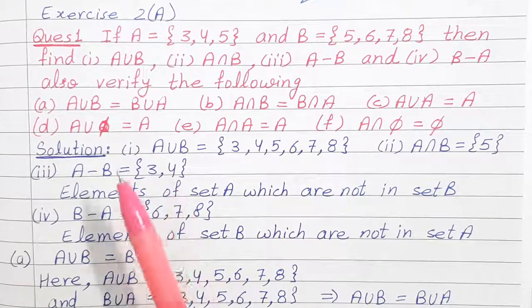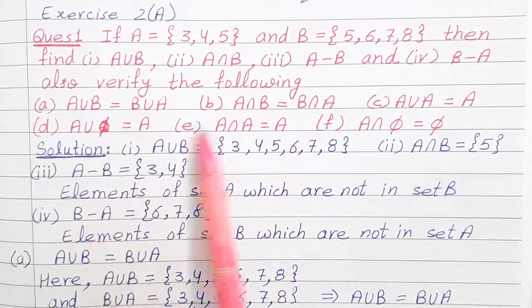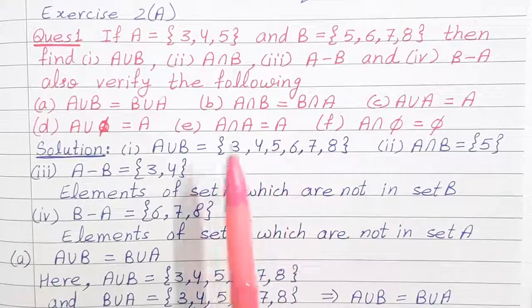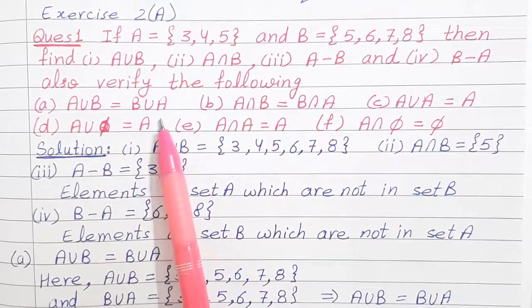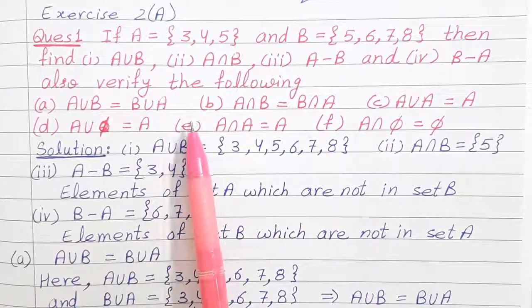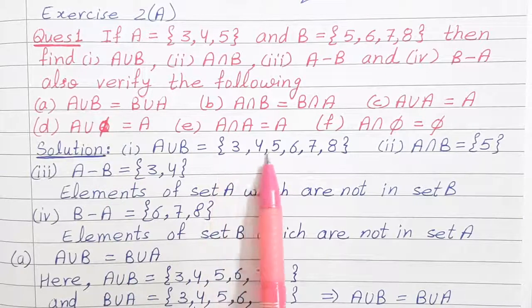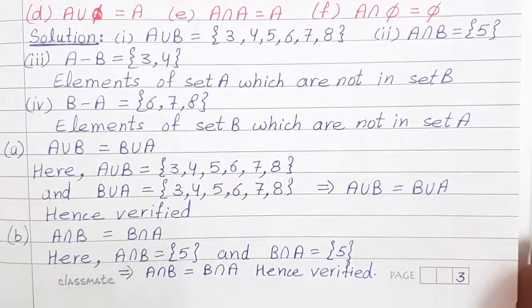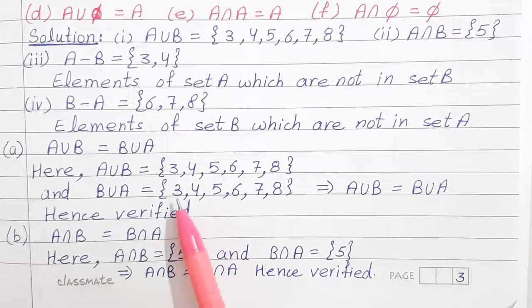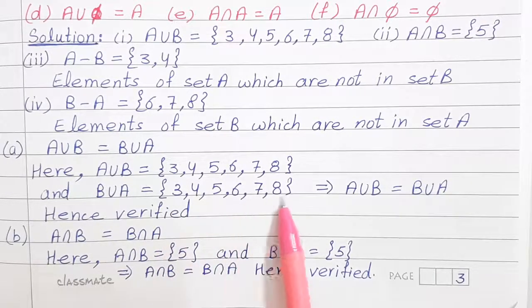Now, let us move to the next part of the question. That is, we have to verify these. Now, how to verify? We have to write the left hand side as well as the right hand side separately. Now, see what is A union B. A union B is {3, 4, 5, 6, 7, 8}, right? Now, what is B union A? B union A is, of course, the same. That is {3, 4, 5, 6, 7, 8}.